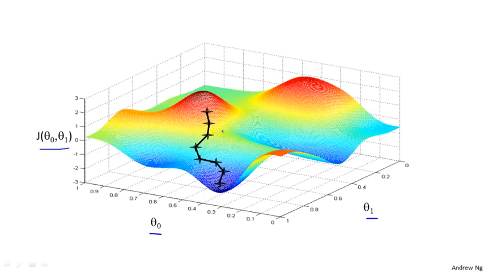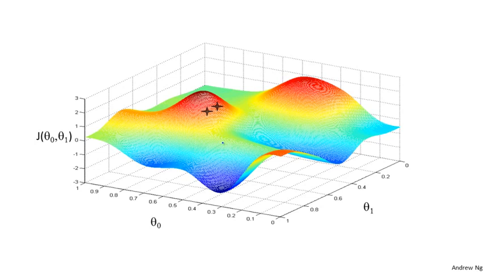Gradient descent has an interesting property. The first time we ran gradient descent, we were starting at this point over here. Now imagine we had initialized gradient descent just a couple steps to the right, at that point on the upper right.